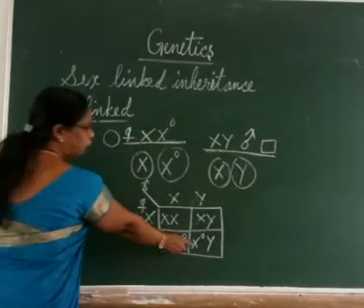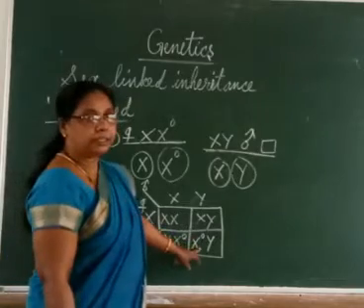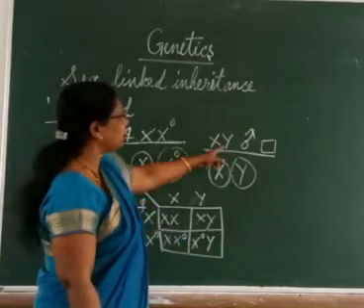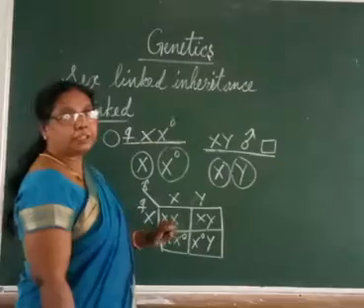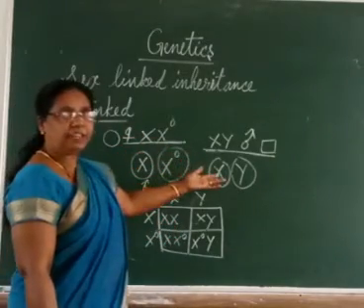See, a son was born to her, and the son is having what disease? Color blindness, but the father is a normal one. So understood the difference. So the first case, totally different thing we have seen.